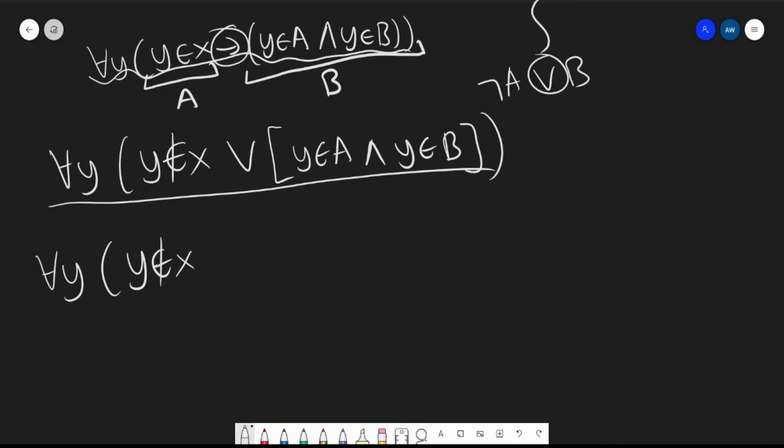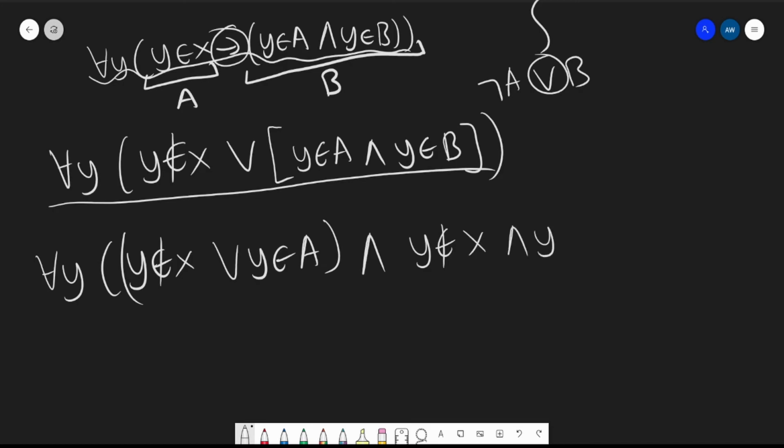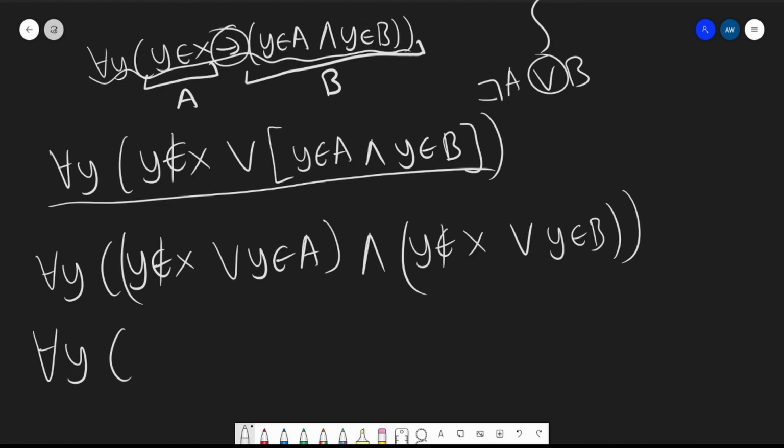Basically, this lemma allows us to simplify what we have at the top over here. And by the lemma, we can just instantly write this bracket and this bracket. And this has the same structure as not A or B. So we can just convert that back into the if-then statement.